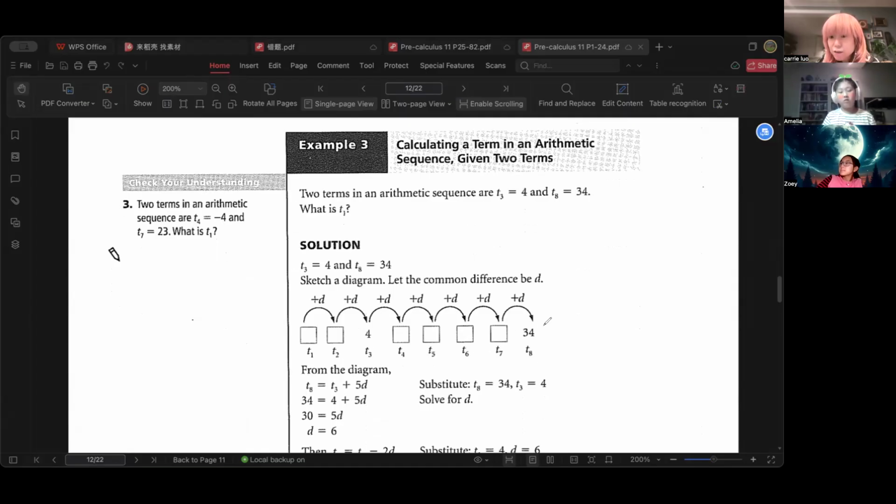And T8 is the 8th term. So we know that in this sequence every single step is the same, right? So first of all, we need to think about it. How many differences are there? Right? Let's see.